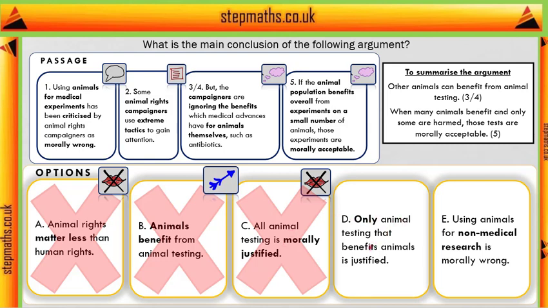Then D says that only animal testing that benefits animals is justified. So this does seem like something the writer might believe. Is it something they explicitly say? Well, what they say is, if the testing benefits other animals, then it's justified. That's not the same as saying only if it benefits other animals, then it's justified.